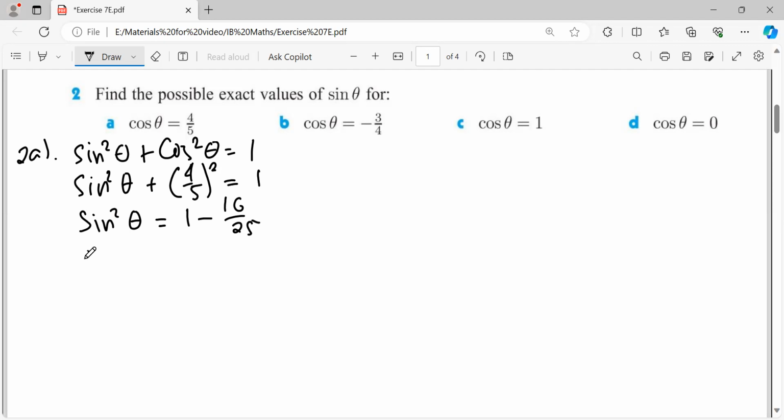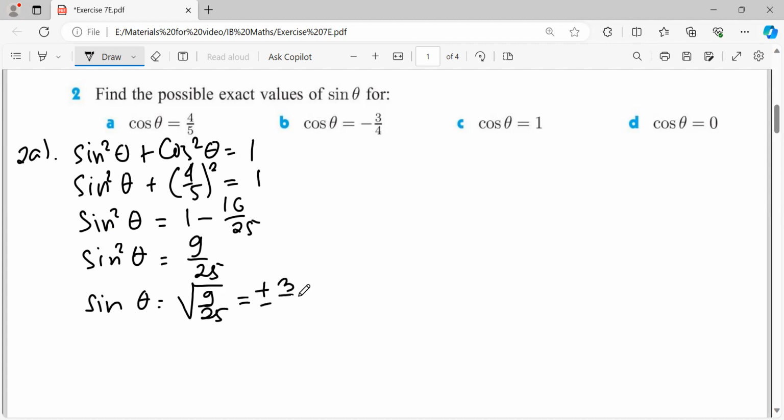And it will be sine squared theta equals 25 minus 16 equals 9, so 9 over 25. Sine theta equals square root 9 over 25, or equals plus minus 3/5.